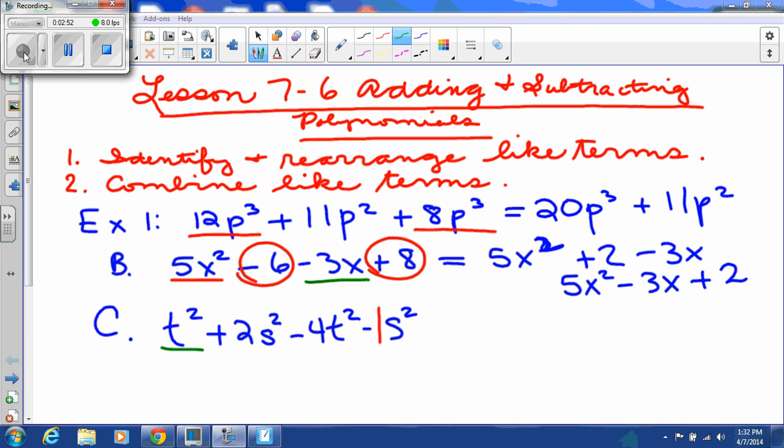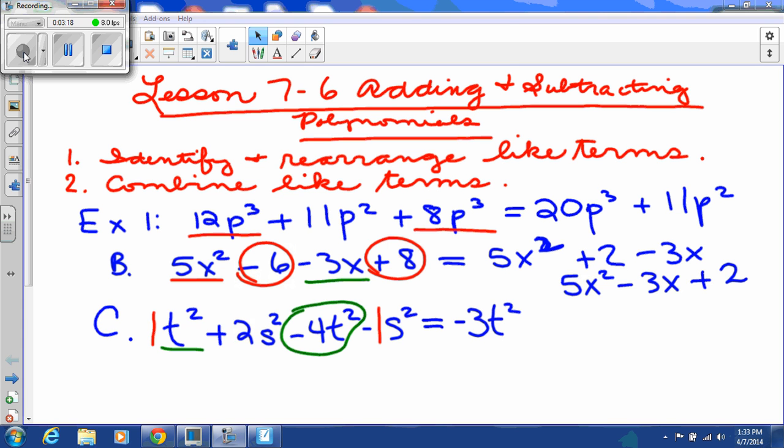I have one other term in this polynomial that is also t squared. But remember, when you're subtracting, you have to keep the negative sign by the coefficient of 4. So I'm going to think of this as 1t squared minus 4t squared. 1 minus 4 is negative 3. So my leading coefficient becomes negative 3, and my leading term is negative 3t squared.